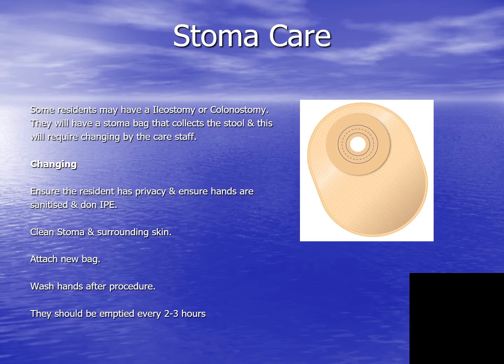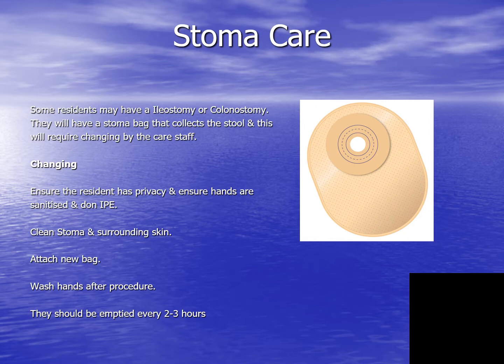It needs to be covered with a stoma bag. There's different types of stoma bag. This particular one has to be cut down to the right size. There's ones that stick on and you take them off every time. There's other ones that stay stuck on and you attach the bag to that part.